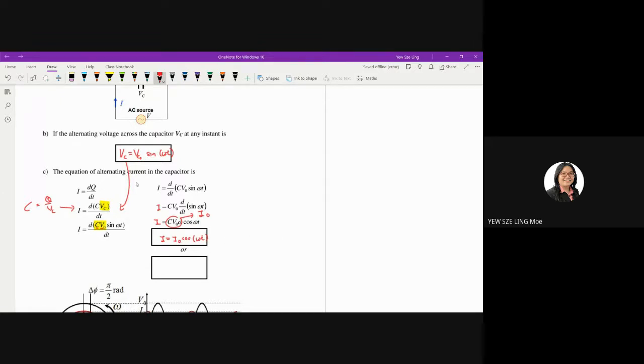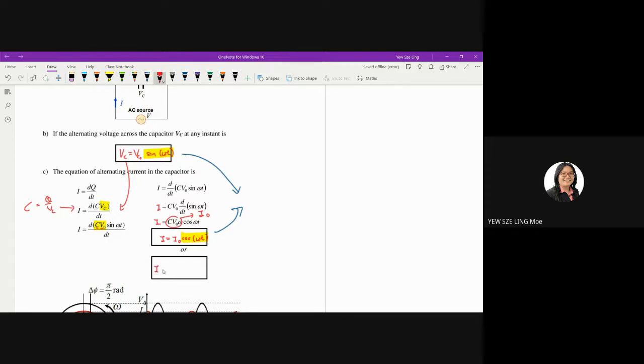By looking at these two equations, straight away you know that they are not in phase. Why? Because now your VC is in terms of sine, but your I is in terms of cos. Your I is cos omega t, but with cos omega t and sine, how are we going to calculate the phase difference? It's a bit hard, right? So you need to think, how are you going to transform cos into sine?